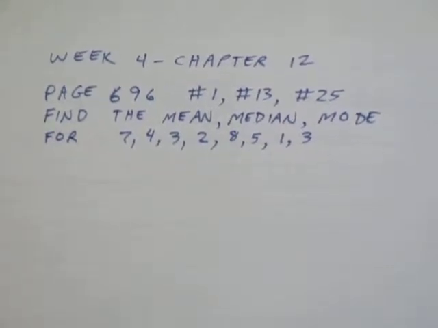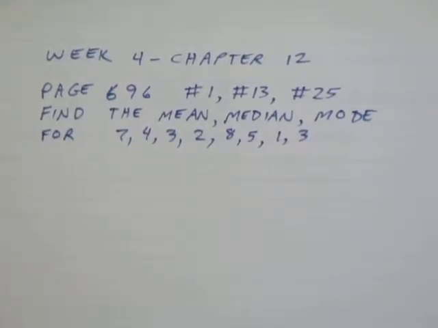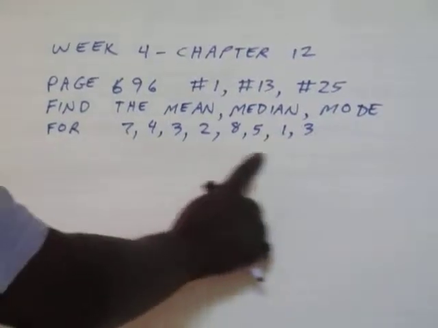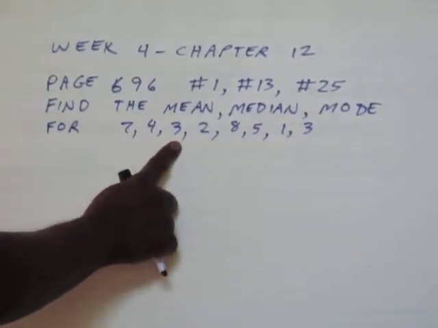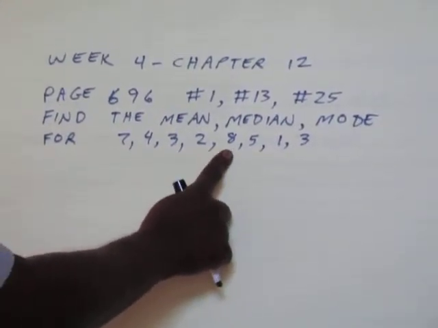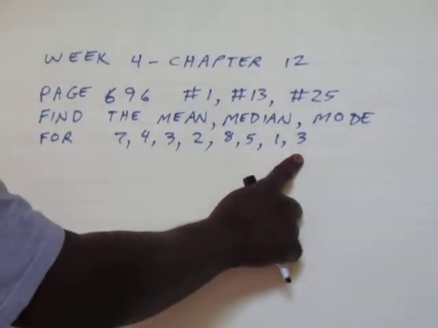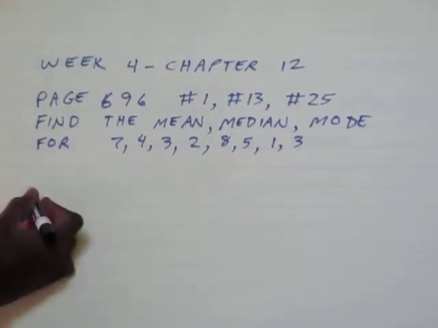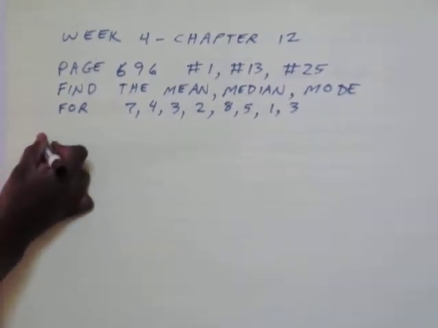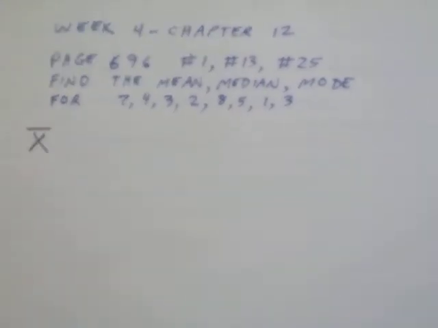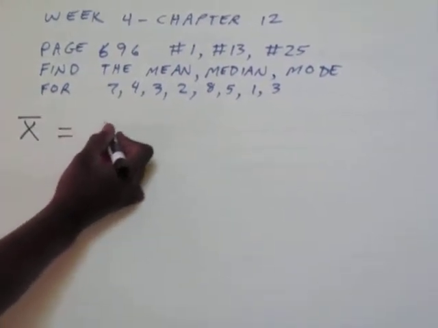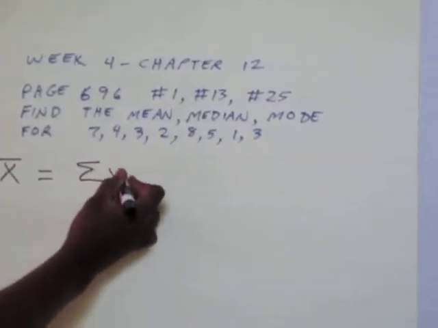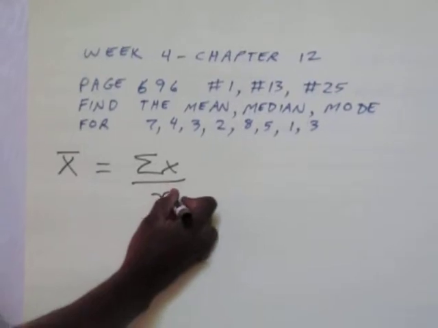We want to compute the mean, median, and mode for a set of numbers: 7, 4, 3, 2, 8, 5, 1, 3. The symbol for mean is x bar. And in your book you'll see the symbol sigma x divided by n.